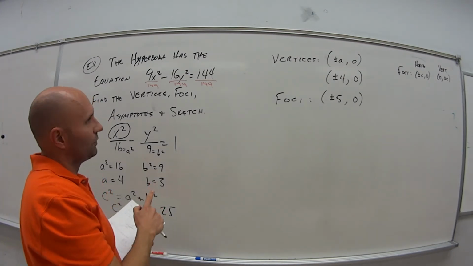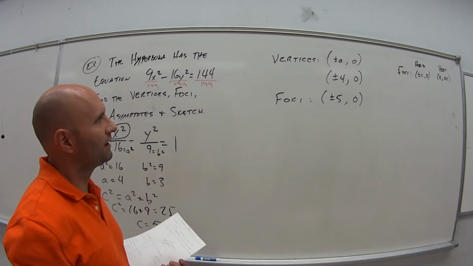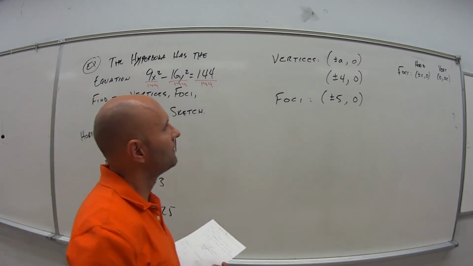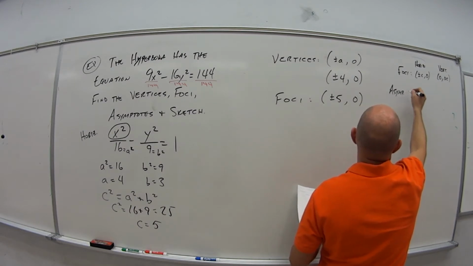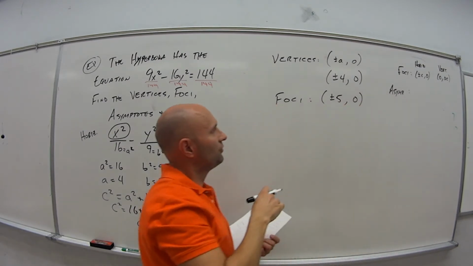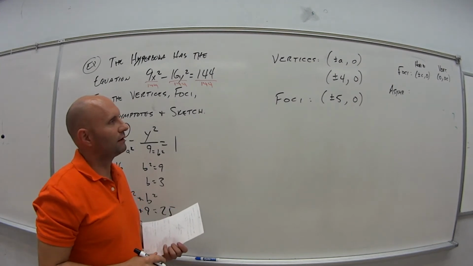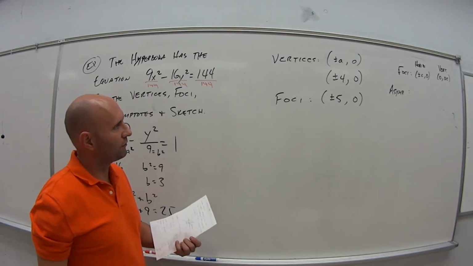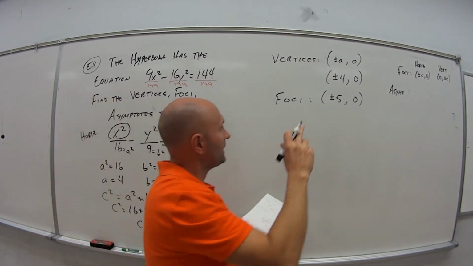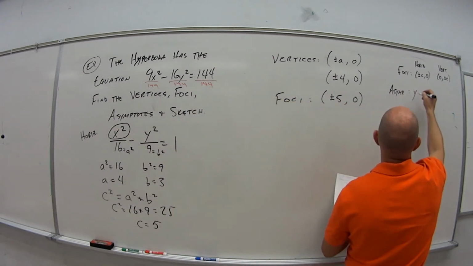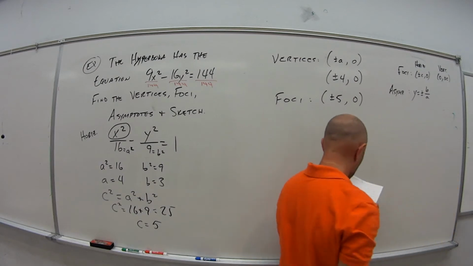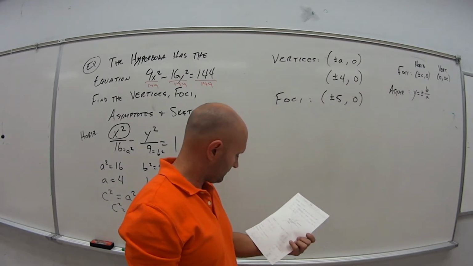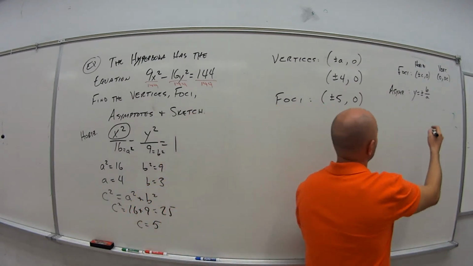Now we need our asymptotes. Here's something else I didn't give you guys. I apologize for that. Again, if you can make this change in your notes, I'll make sure I point this out in class. I apologize I didn't give this to you in the first video. So the asymptotes for a horizontal are y equals plus or minus b over a times x.